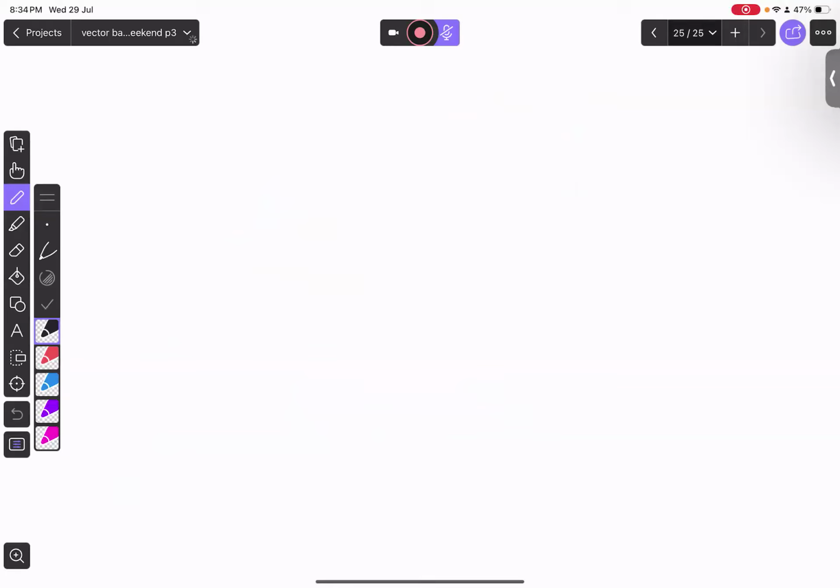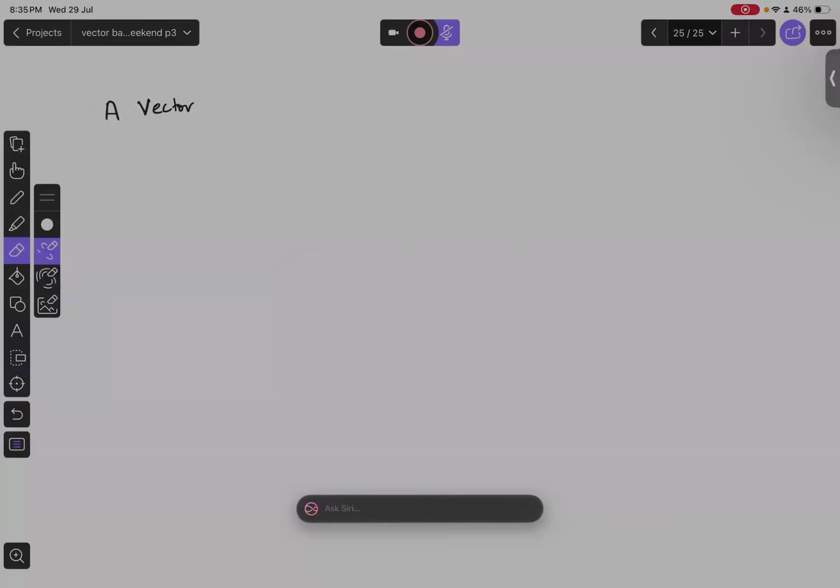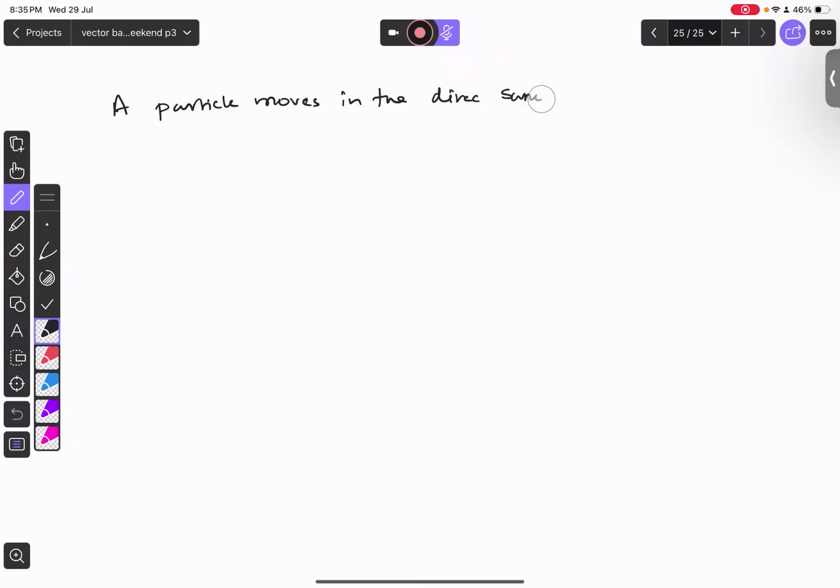You do one simple question. A particle moves in the direction same as vector A, that is equal to 3i cap plus 4j cap, and its speed is 3 meters per second.